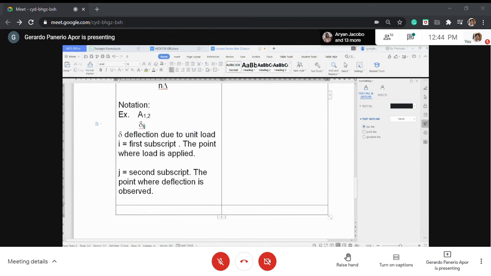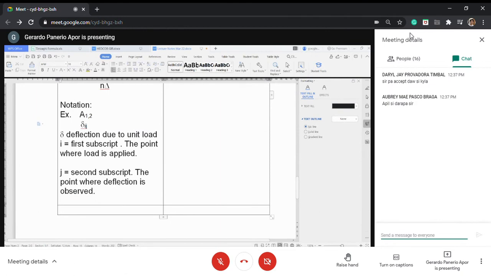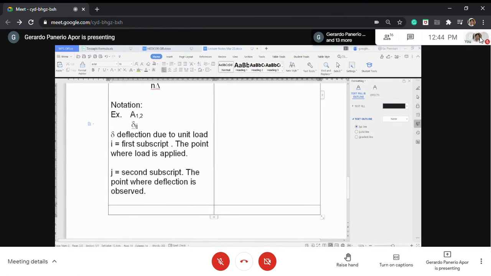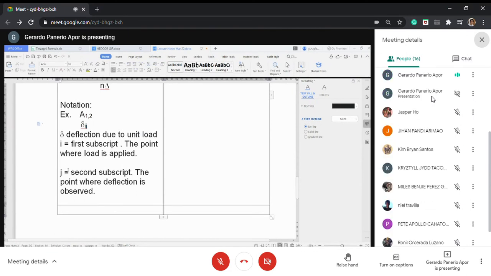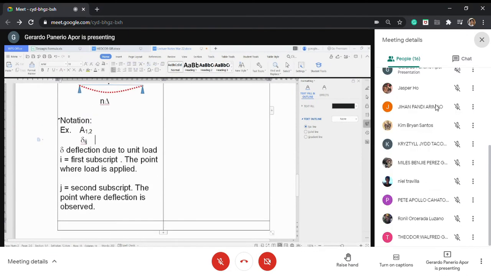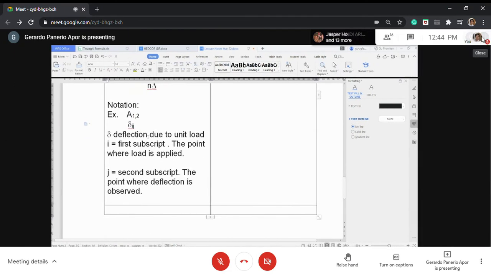We use unit load in finding deflection also, especially when we touch on Castigliano's theorem. Okay? But my point here is just notation. It's just how you are going to name the deflection.